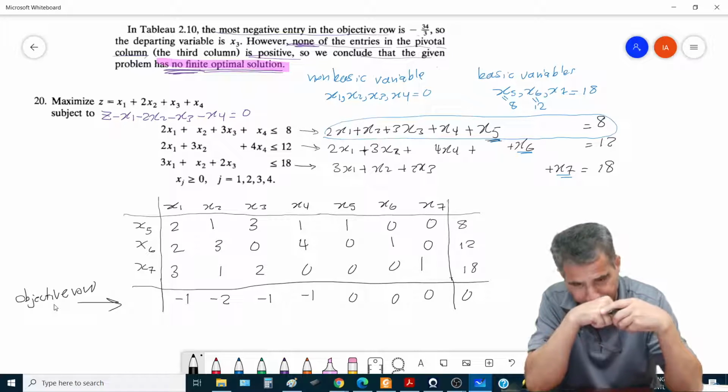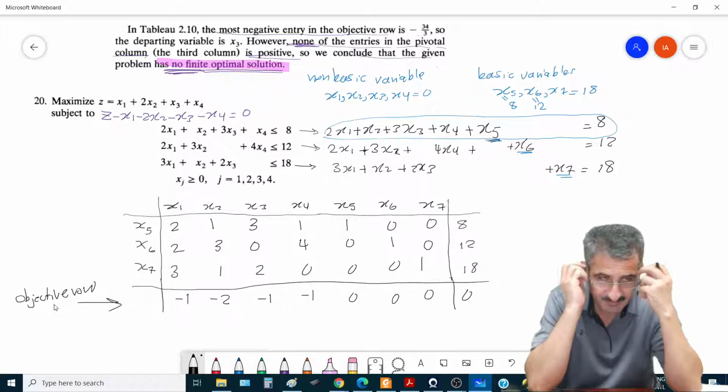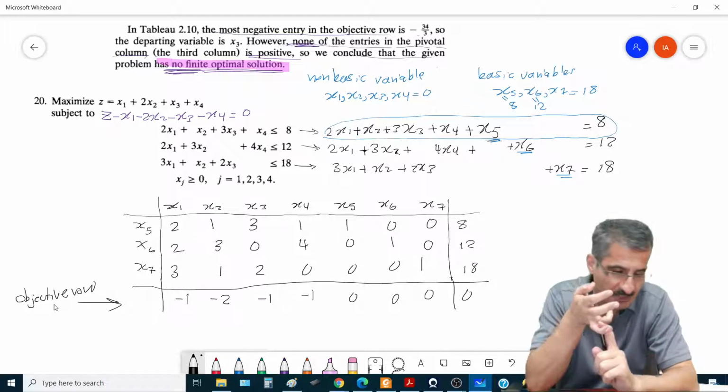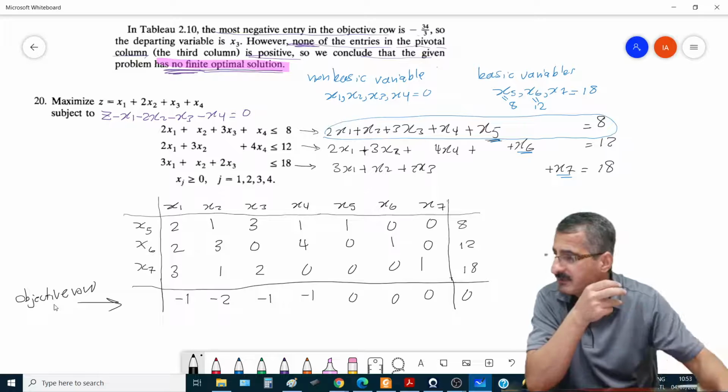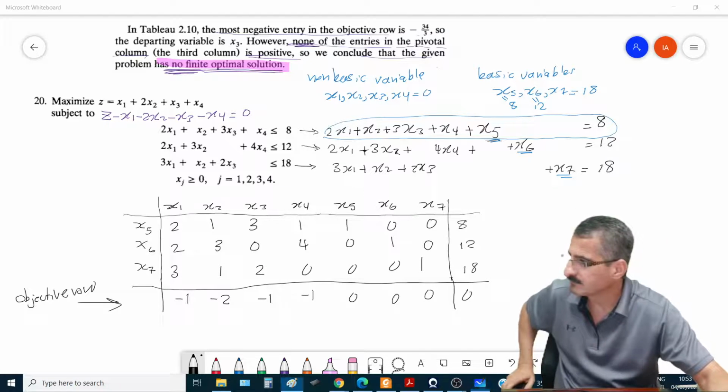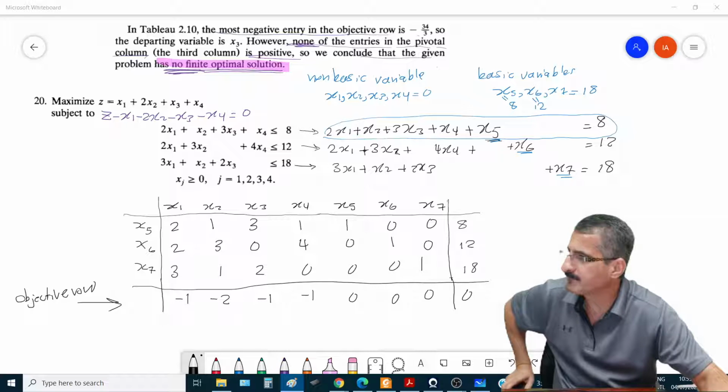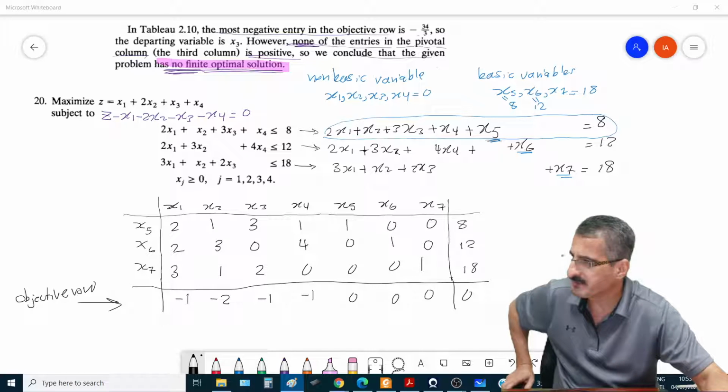Good? Now we need to find the entering variable, the departing variable, the pivotal column, and I need to use these words so that when I go back and explain why the simplex method is true, I will find, okay, pivotal column, pivotal row.